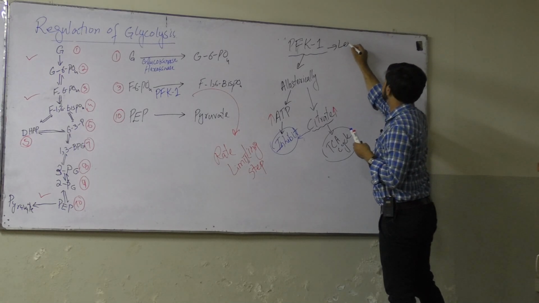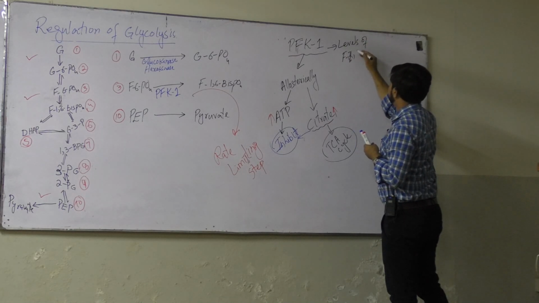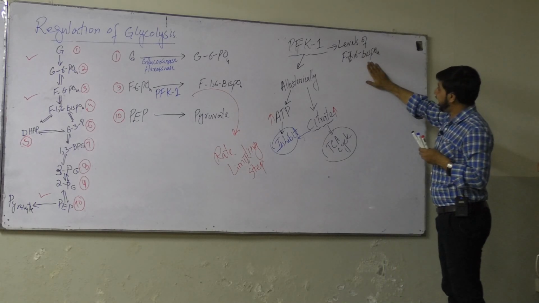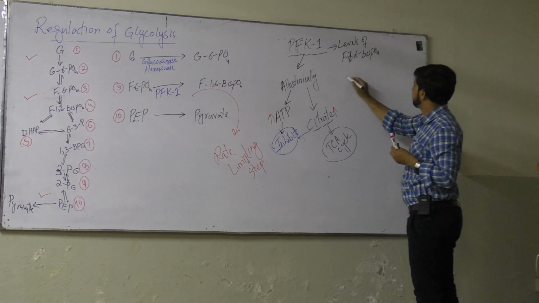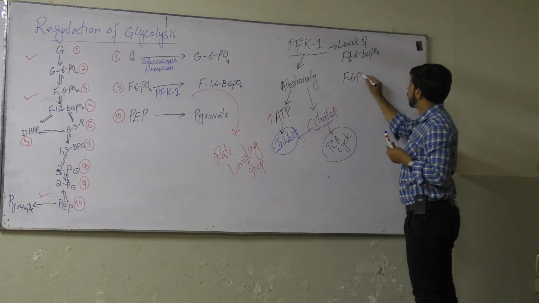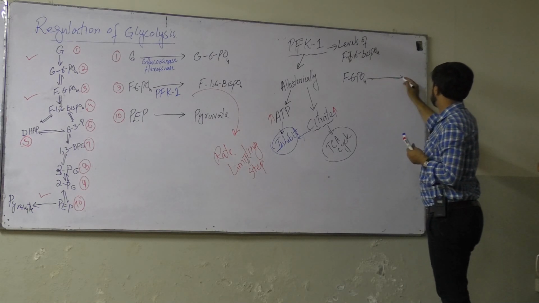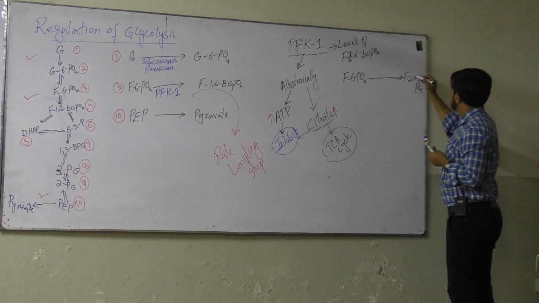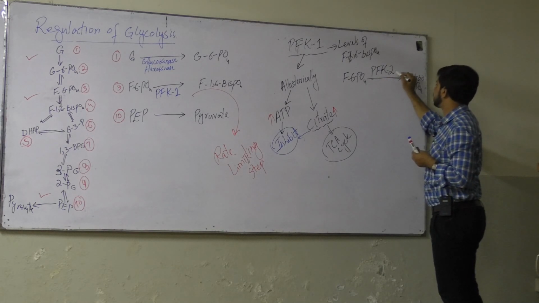What we are talking about is the levels of fructose 2,6-bisphosphate. This fructose 2,6-bisphosphate is produced from fructose 6-phosphate with the help of the enzyme phosphofructokinase 2.